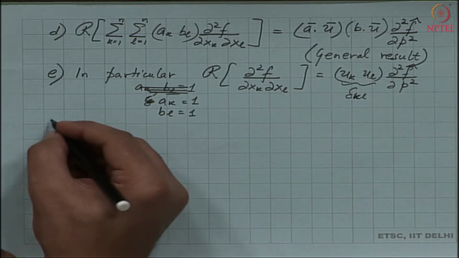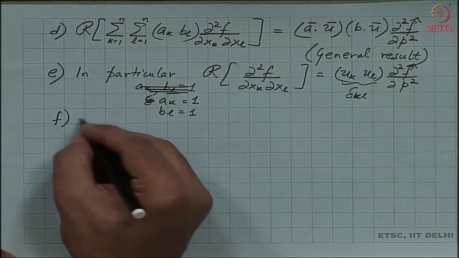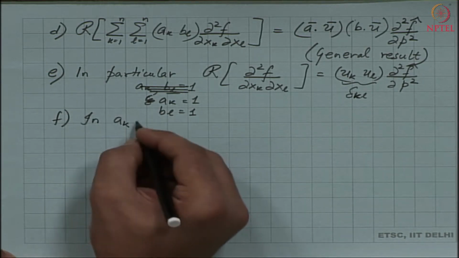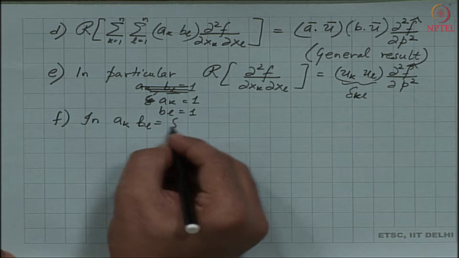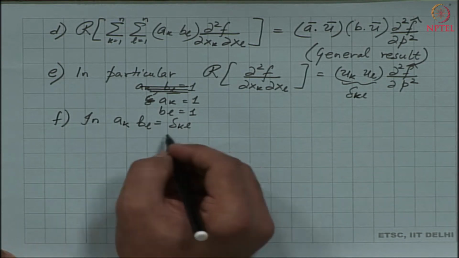So, let me just state this result in a more specific situation, that is, if I have that the product of a k b l is equal to the delta function.